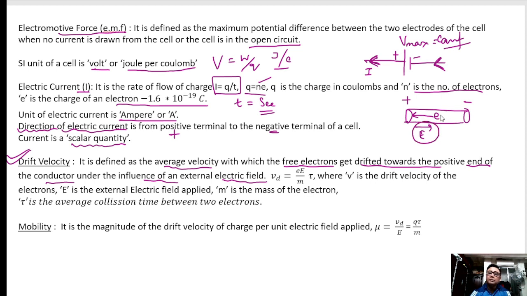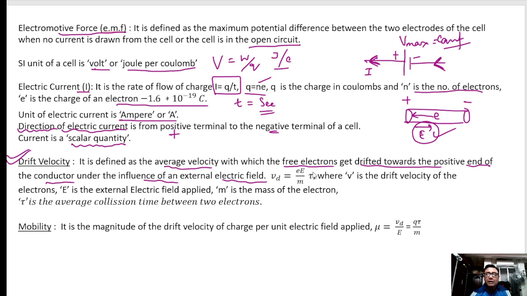The velocity with which this electron, the free electron inside the conductor, will drift towards the positive end of the conductor under the influence of the electric field is the drift velocity, and its value is given as eτ/m times E, where E is the electric field, e is the charge of the electron, and m is the mass of the electron.